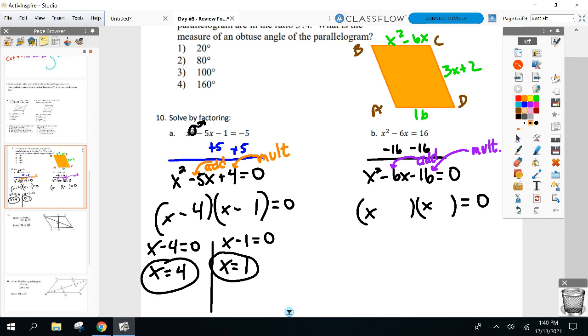What do you think here? What are my numbers here? Jonathan? 2 and 8. Good. Those are my numbers. Now I just have to figure out the correct signs in front. Add to -6, multiply to -16. The 2 has got to be plus, and the 8 has got to be negative.